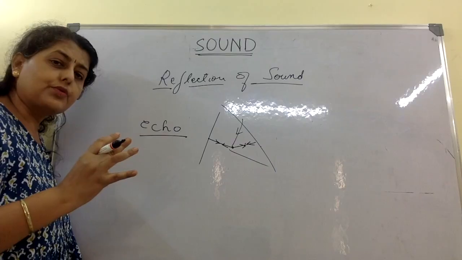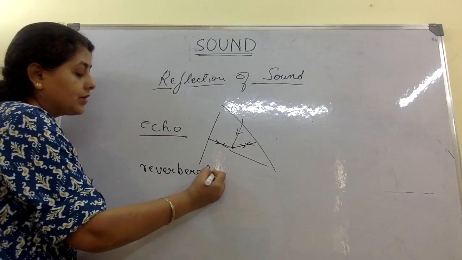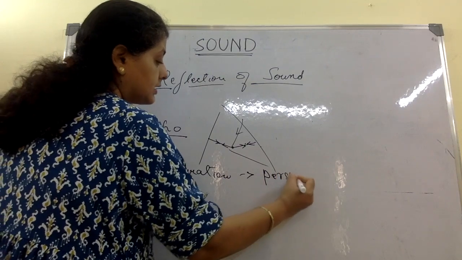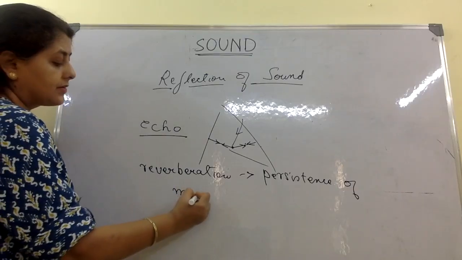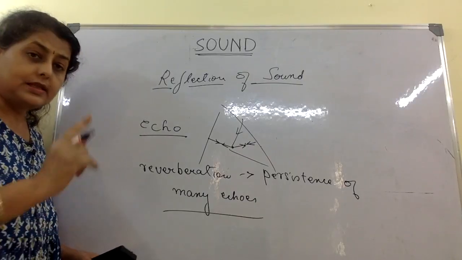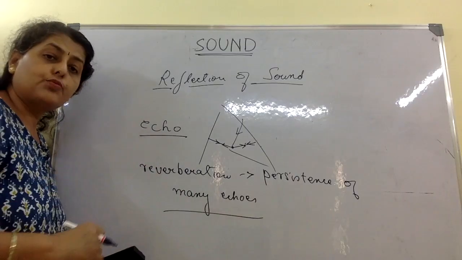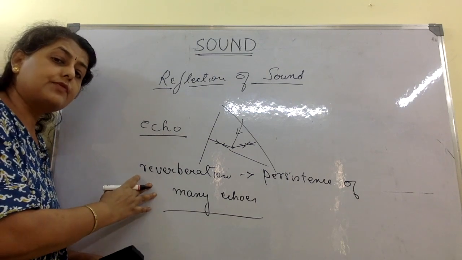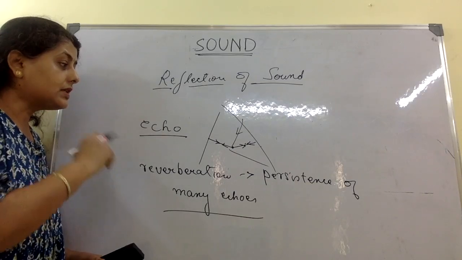Then it is called reverberation. Basically, reverberation is the persistence of many echoes produced in a place, but the effect of reverberation is unclear and blurred. Echo is much clearer. So echo is just one single reflection, whereas reverberation is many reflections coming all together. So that is an echo.